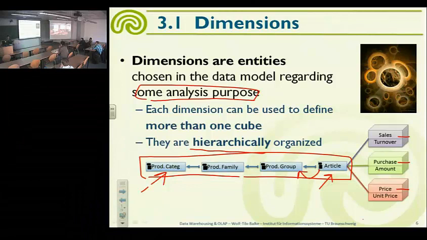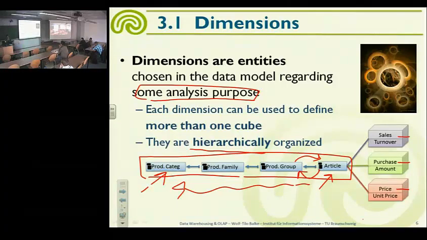So if you have a Galaxy S4, then it's in the 4G product group. It cannot be in the 4G and the 3G, for instance. On the other hand, the product groups can have many articles. So the product group, the 4Gs, can have the iPhone 5, the Galaxy S4, so it can have a lot of phones.